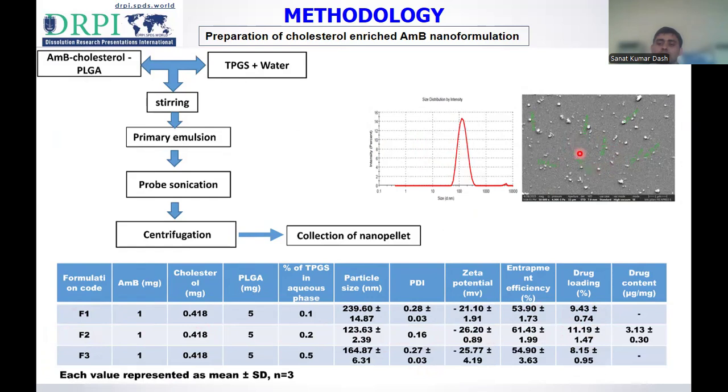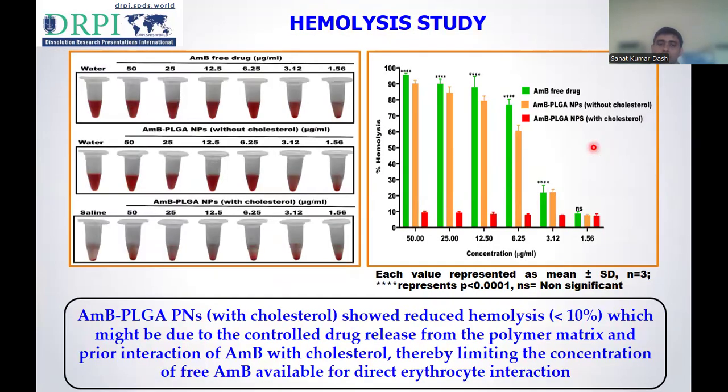The image of the formulation has shown the particles are spherical in nature with smooth surface. We have conducted the hemolysis study of amphotericin B free drug, and its nanoformulation. Cholesterol and its nanoformulation has shown less hemolysis compared to the other two.